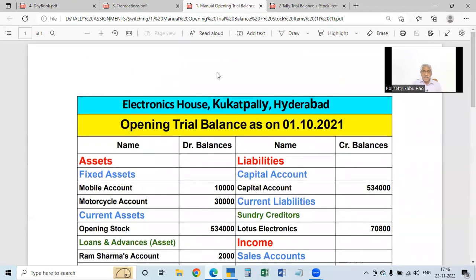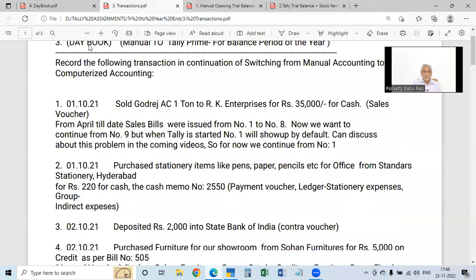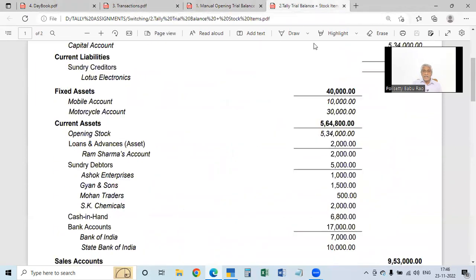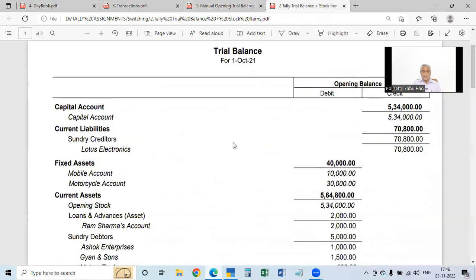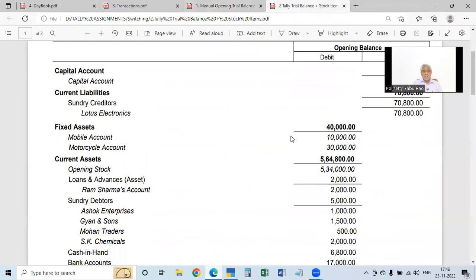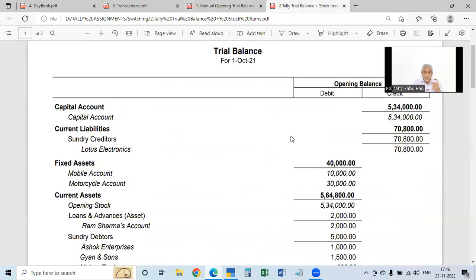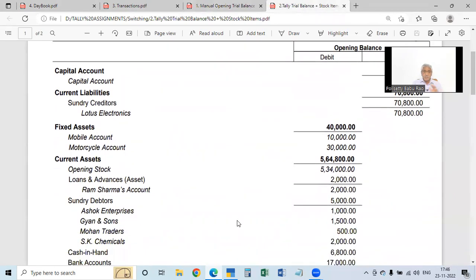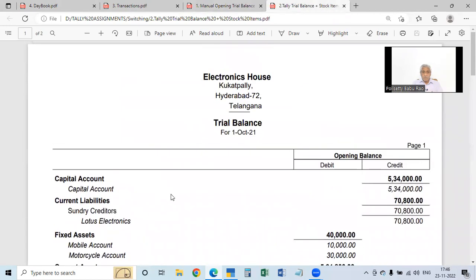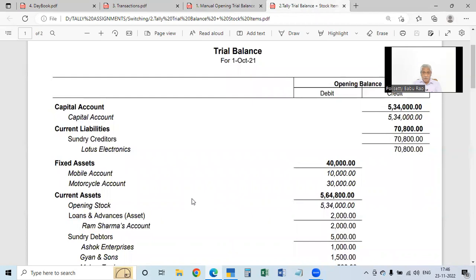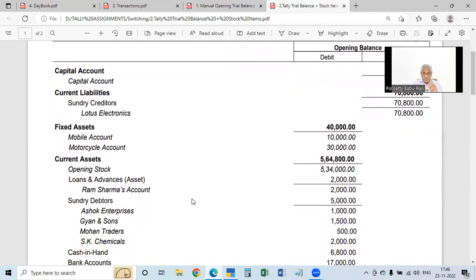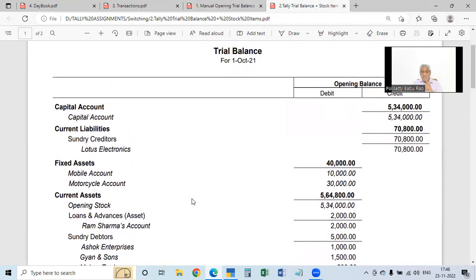We took all the balances in the books of account. After entering them, if you take the trial balance in our Tally, it will be the same as this already prepared PDF file. So this trial balance should tally with our trial balance.